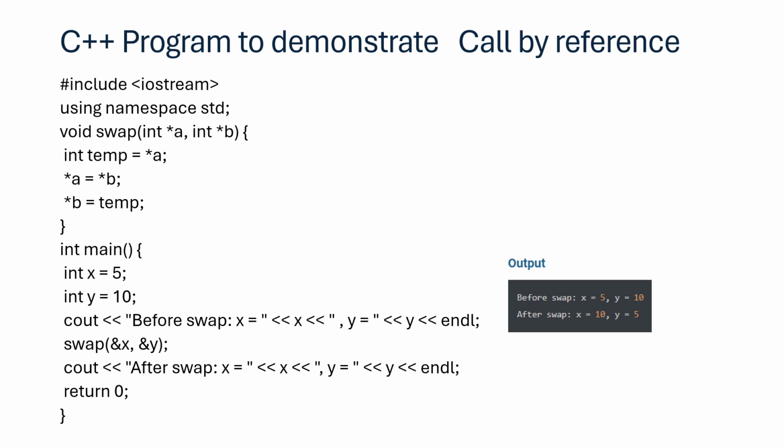When we call this function, it directly goes to the function, where we are using the pointer variables a and b. The same values are modified. Now after swapping, x is equal to 10 and y is equal to 5. X and y values are modified.